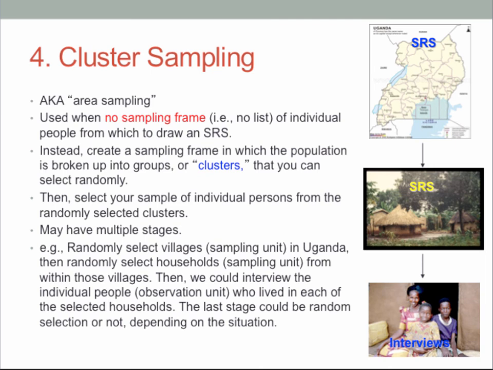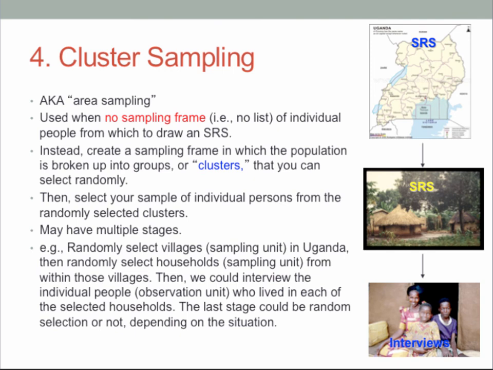So the individual people are the observation units that we sample. The group of people that we end up sampling, getting information from, would be our sample in itself, but a sampling unit were the households that were randomly selected from the sampling units of the villages that were randomly selected within the country of Uganda.